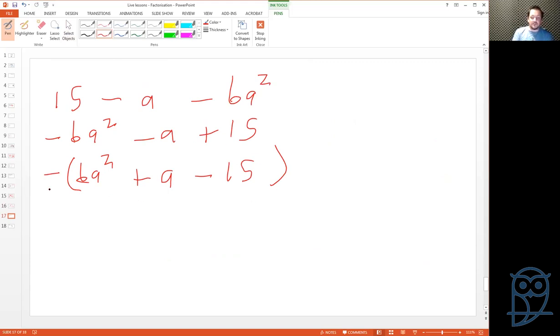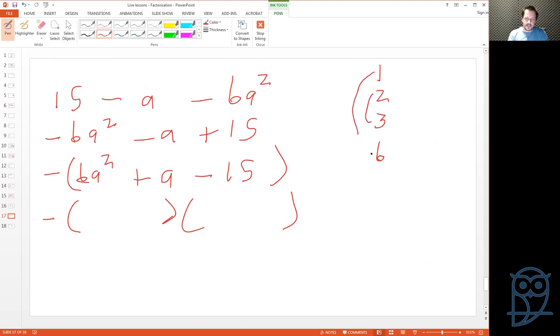This negative is the common factor sitting on the outside. Now, the problem is that we can work this out, which is fine, but we must just remember that outside my two brackets, I'm going to have my minus. Great. Let's look at my factors of 6. 1 and 6, 2 and 3.